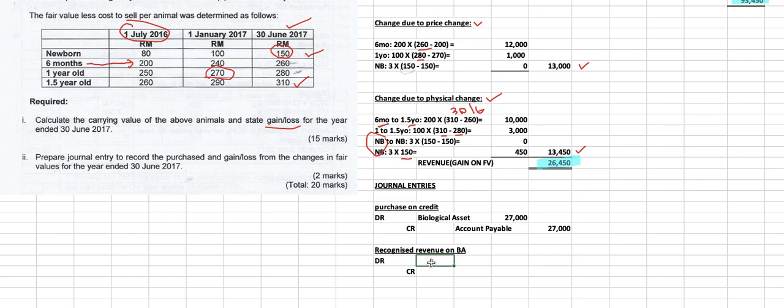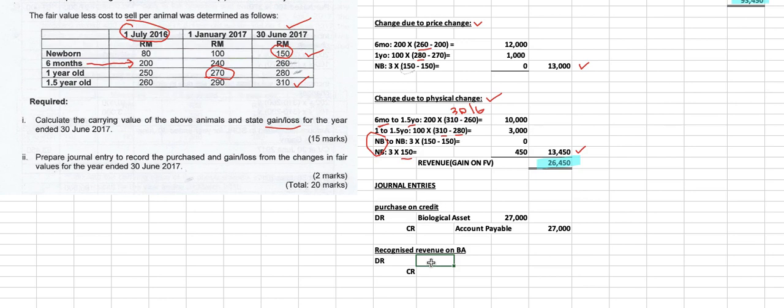Because this is increase in fair value. So when there is increase in fair value, like PPE, NRA, when you get a surplus because the fair value is more than the carrying value, you will increase the value of your asset. Debit asset.